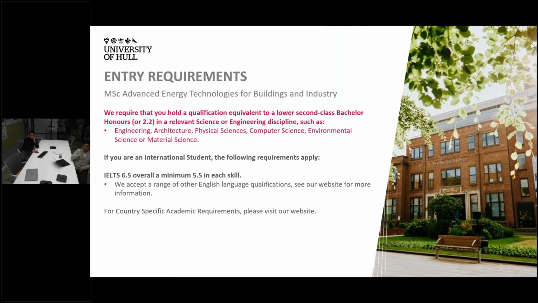We require that you come from an engineering background, or architecture, physical science, or computer science background. The students we can accept come from a very wide range of backgrounds.